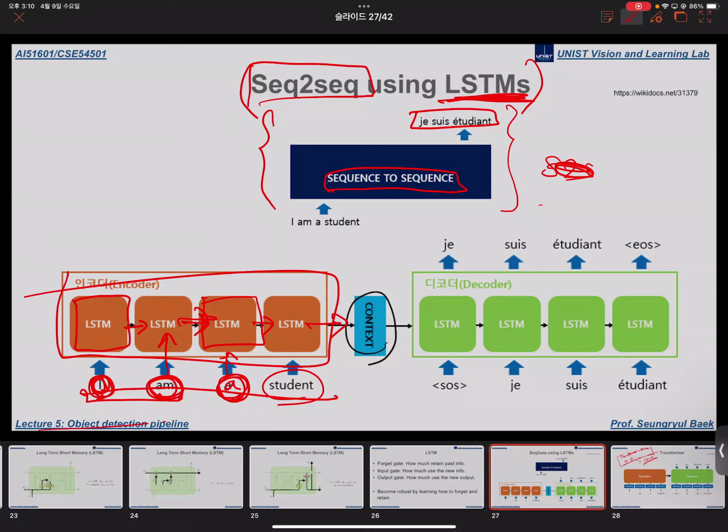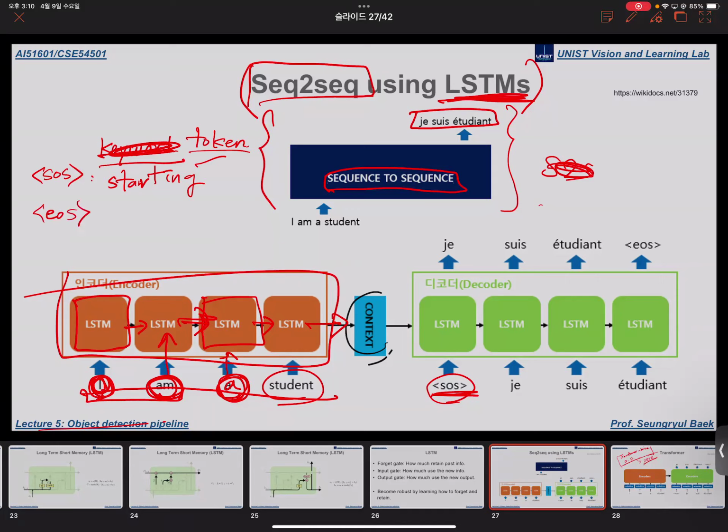And for the decoder, this is important. When translating the first word, this SOS is a token, which you can regard as the starting token, and EOS is the ending token.